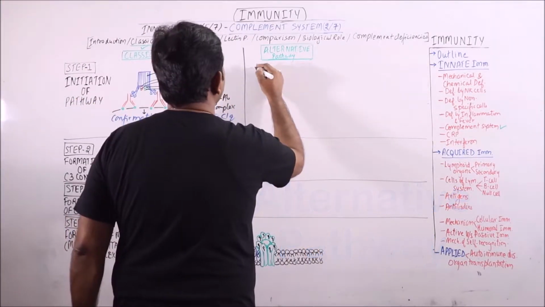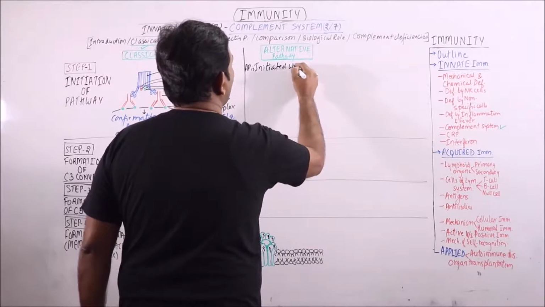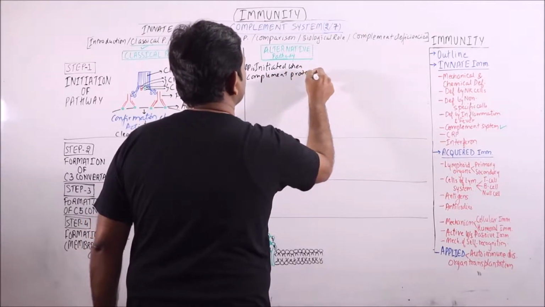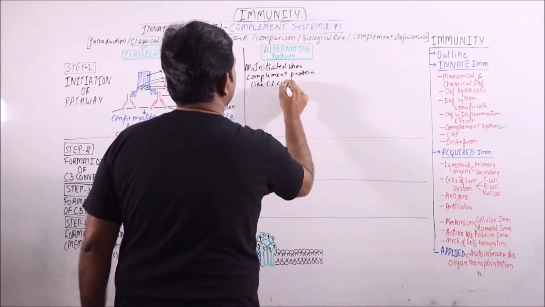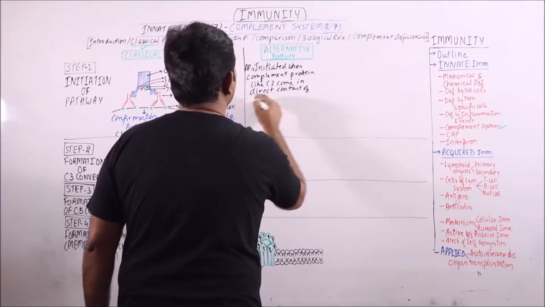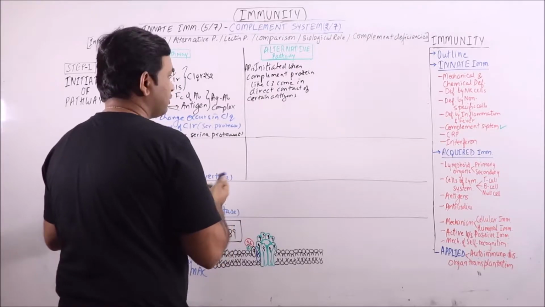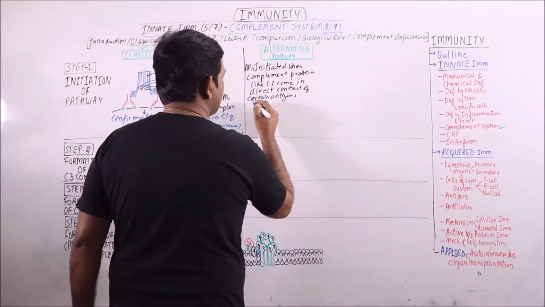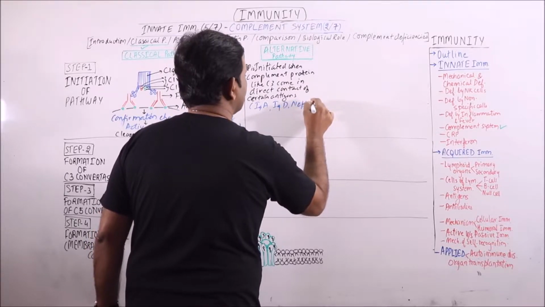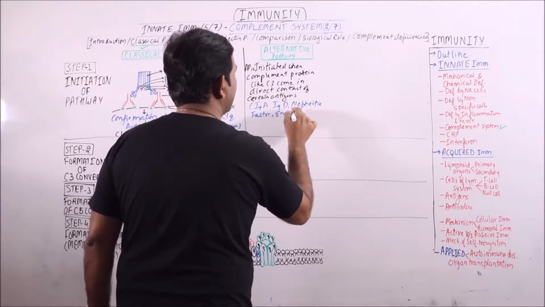So this pathway is initiated when some complement proteins like C3 come in direct contact with certain antigens which may be present on the surface of microbes, etc. These antigens may be like IgA, IgD, nephritic factors, or most importantly these may be endotoxins.